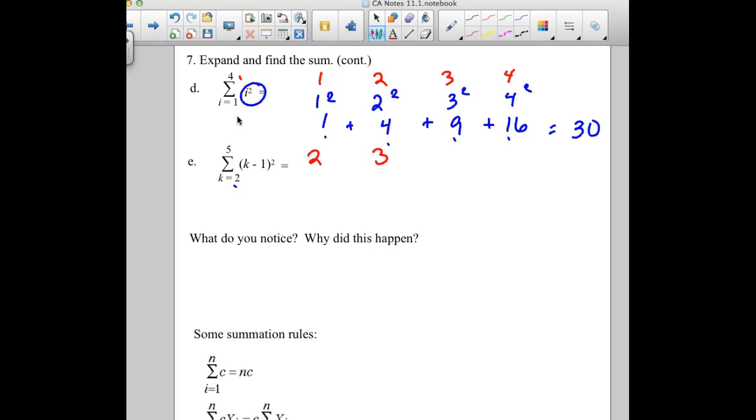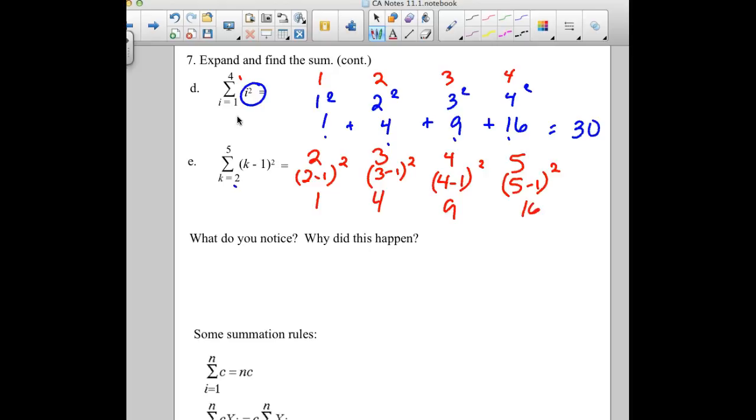And we're going up until we hit 5. All right. So plugging in a 2, 2 minus 1 quantity squared, what does that become? 1. Then we have 3 minus 1 quantity squared. We have 4 minus 1 quantity squared. And 5 minus 1 quantity squared.